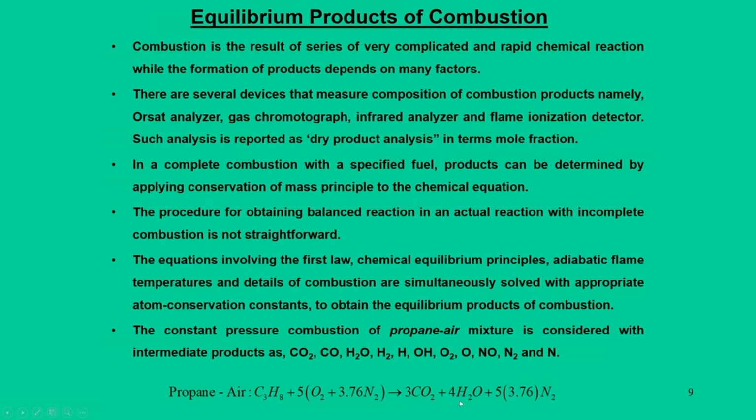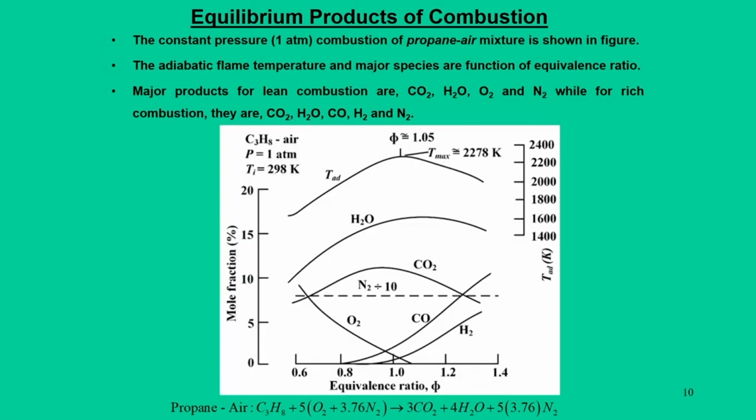But this composition will not necessarily always appear. We may have other components like CO2, CO, H2, H2O, OH, O2, O, NO, N2 and N, so many species. Under what circumstances will these species come into the picture?